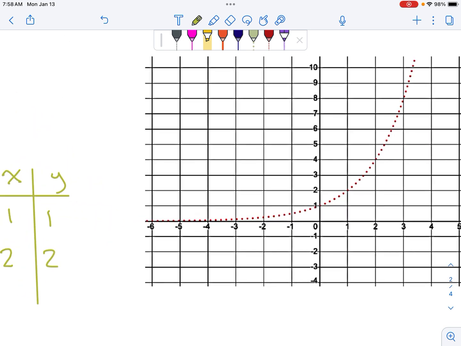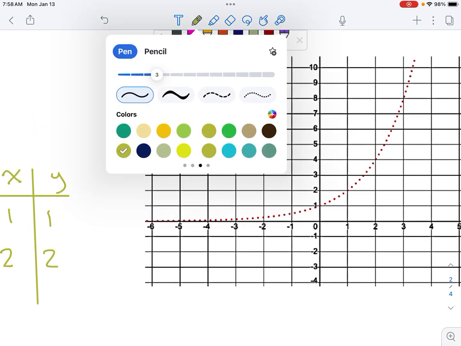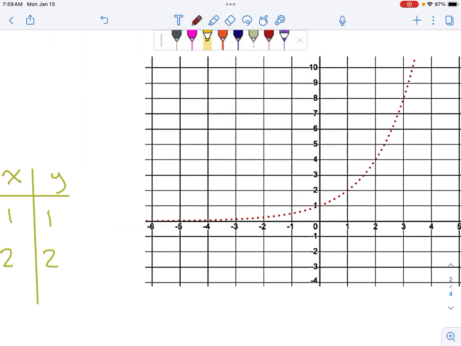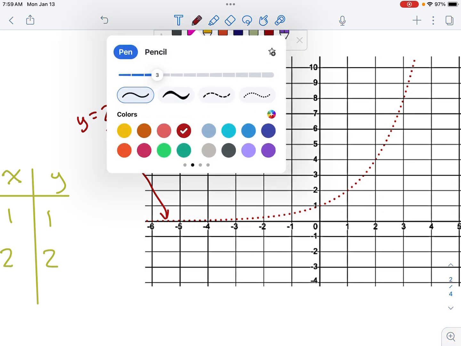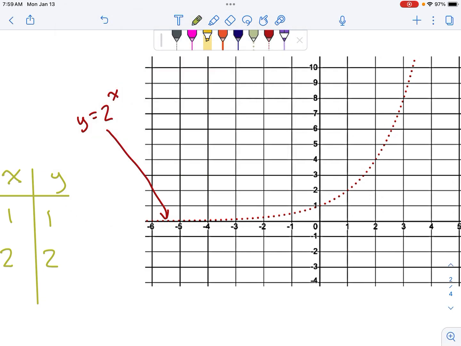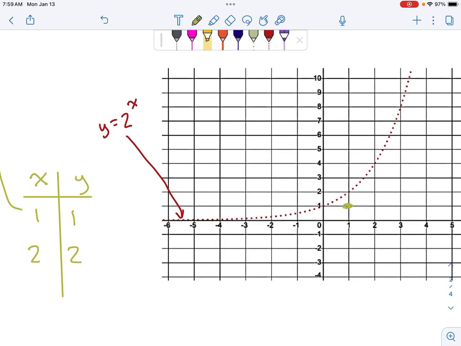This is just the graph of 2 to the x, so let's just do a different color. The graph. Let's see how I do here.